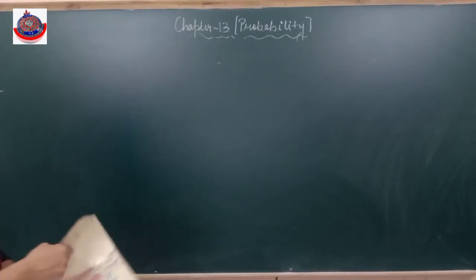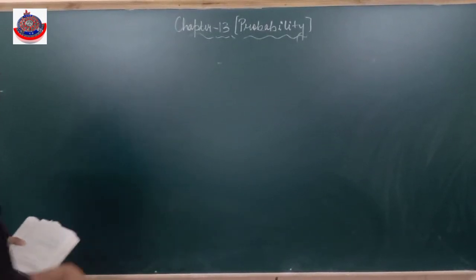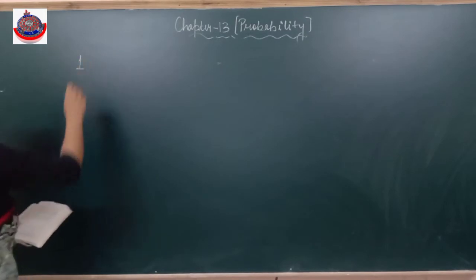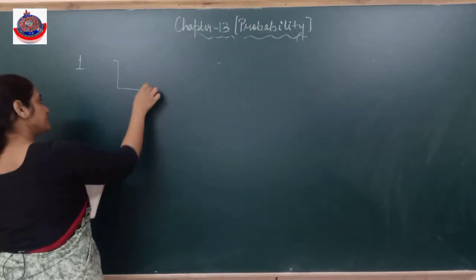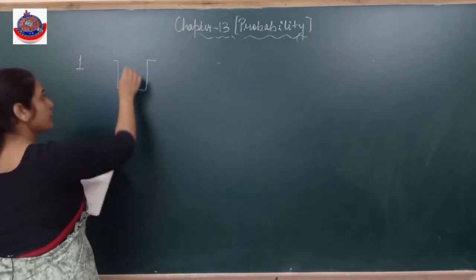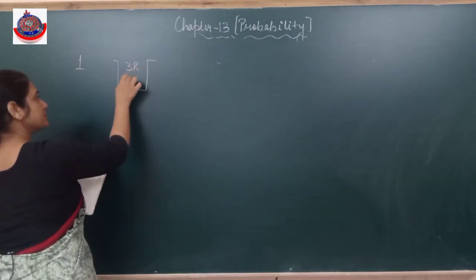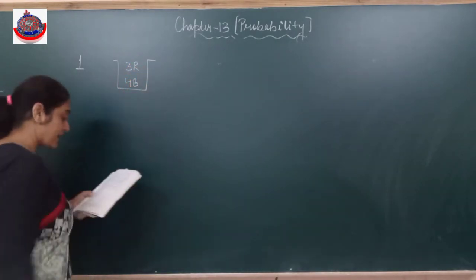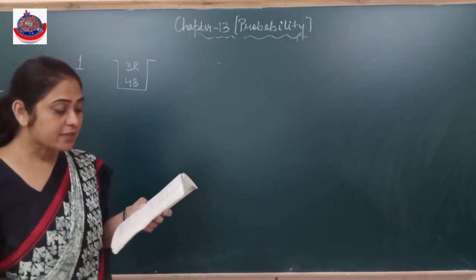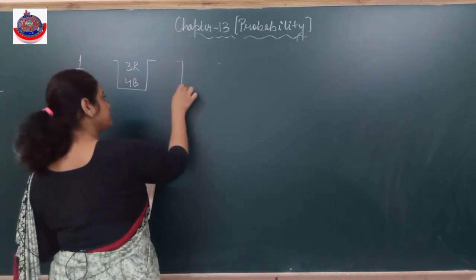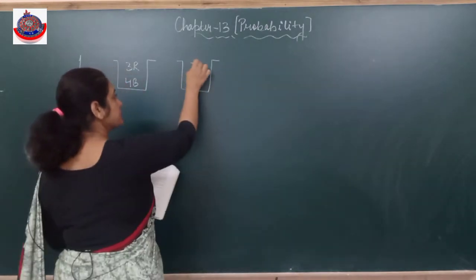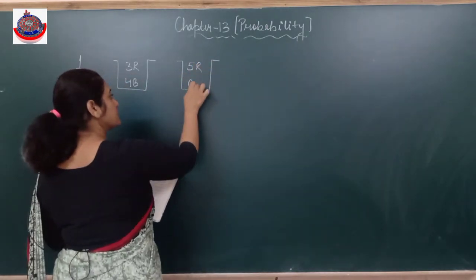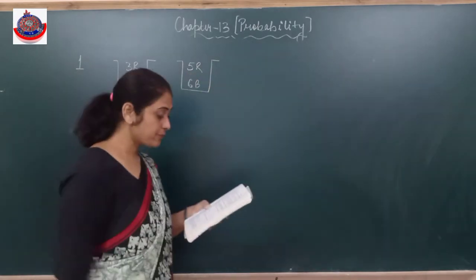So I'll read a question. Bag 1 contains 3 red, 4 black balls. Another bag contains 5 red, 6 black balls.